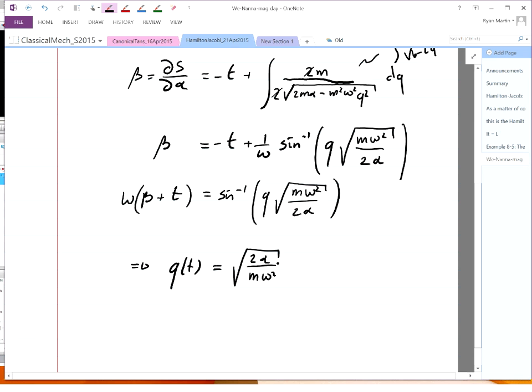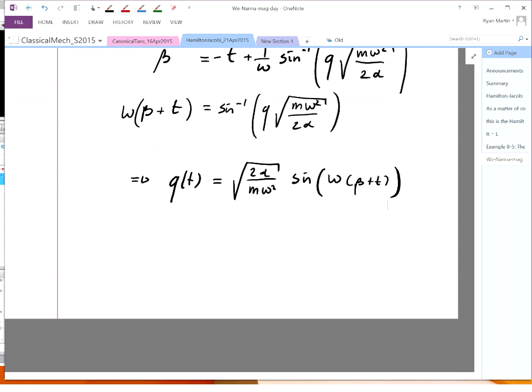So 2 alpha over m omega squared times sine of omega times beta plus t. So it does eventually give you the solution. So it's a little bit mathematically, clearly not the easiest way to solve the simple harmonic oscillator, but it's quite powerful, especially in its insight.